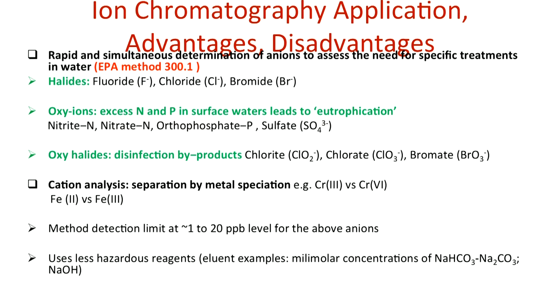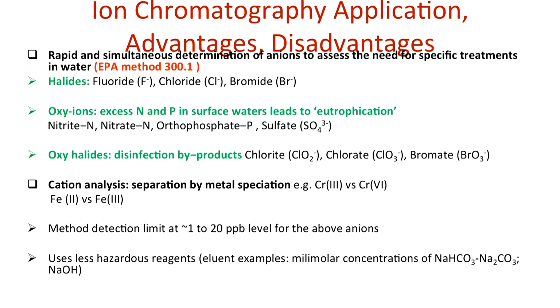And these are the applications, advantages and disadvantages of ion chromatography. It is used for rapid and simultaneous determination of anions, to assess the need for specific treatments in water, such as halides: fluoride, chloride, and bromide. And oxyanions, such as nitrates, nitrites, phosphates, and sulfates.